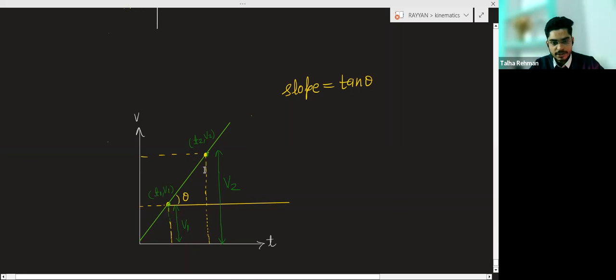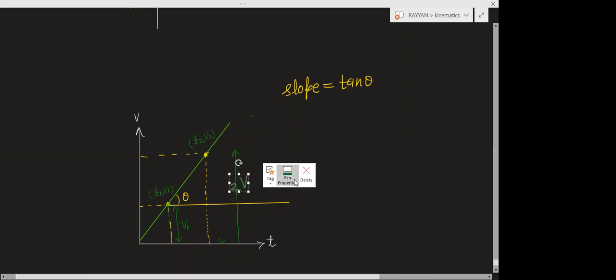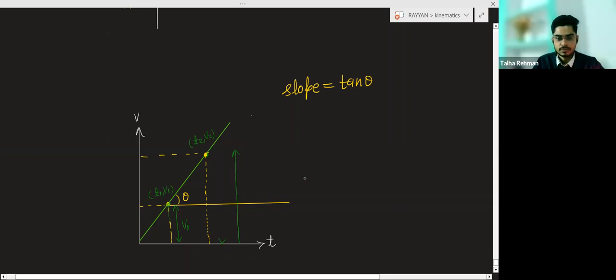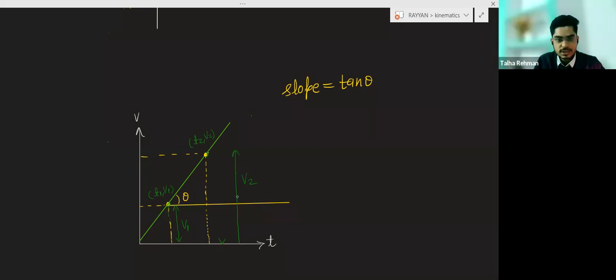So can we find this distance? It will be v2 minus v1, because you subtract this line from this line and you get only this distance, which is v2 minus v1.